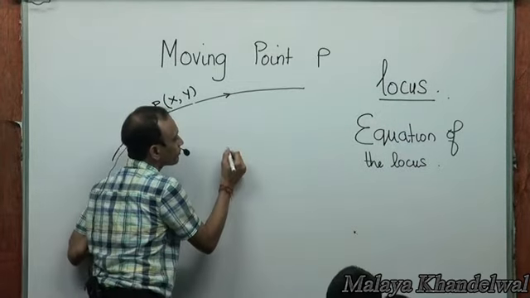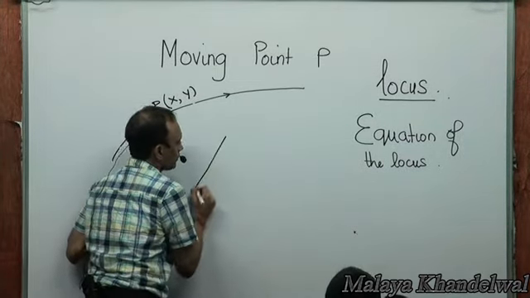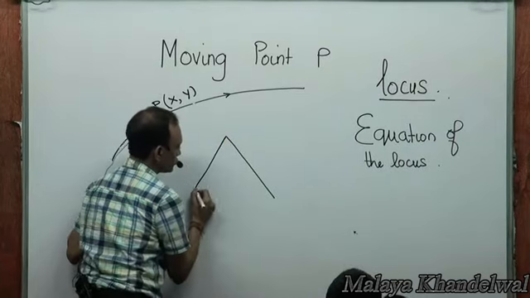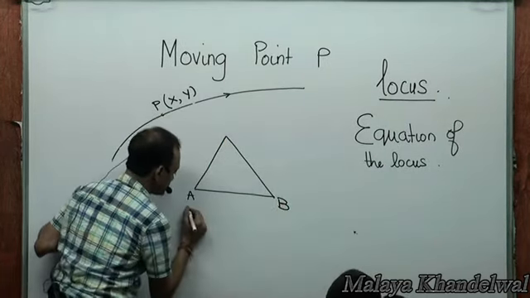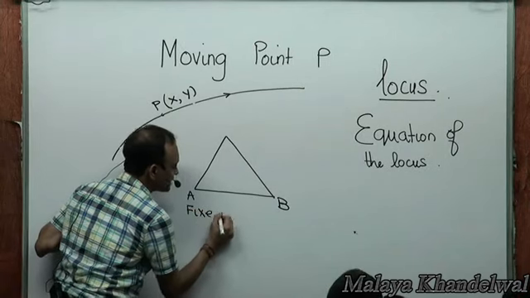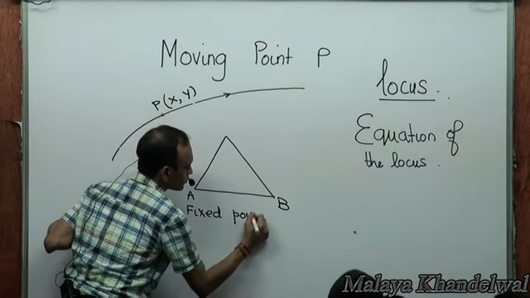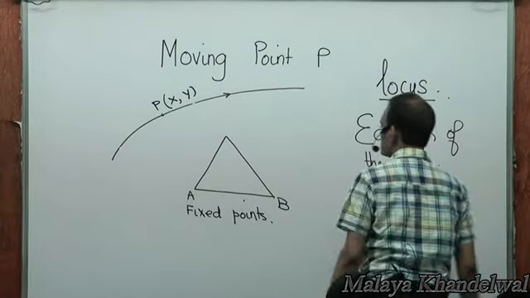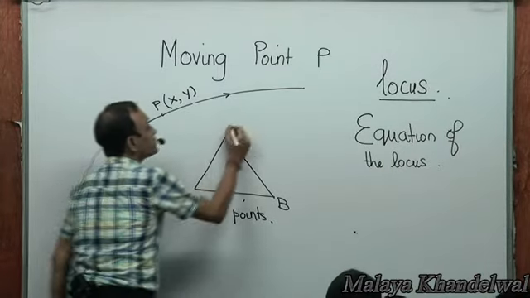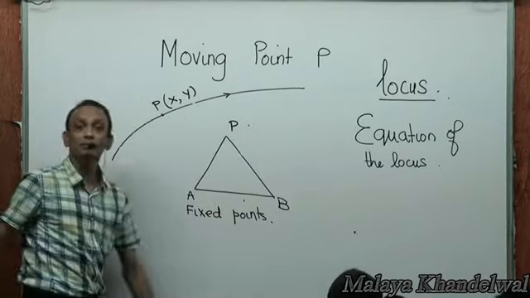Say, if I have a point A and a point B, two fixed points. And P be a moving point.